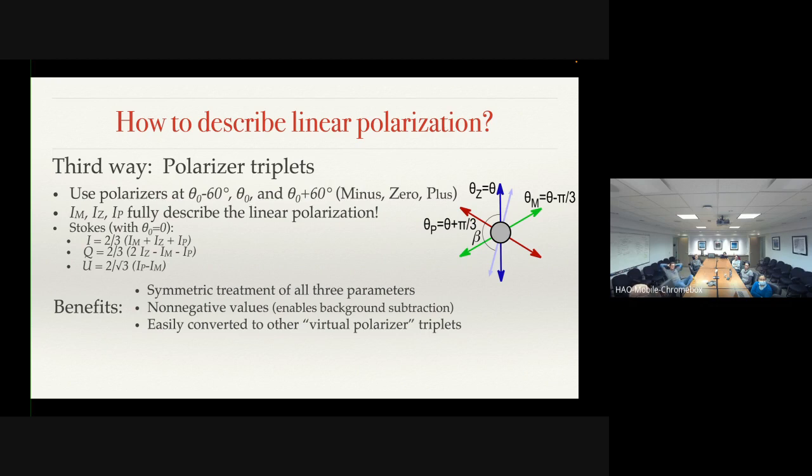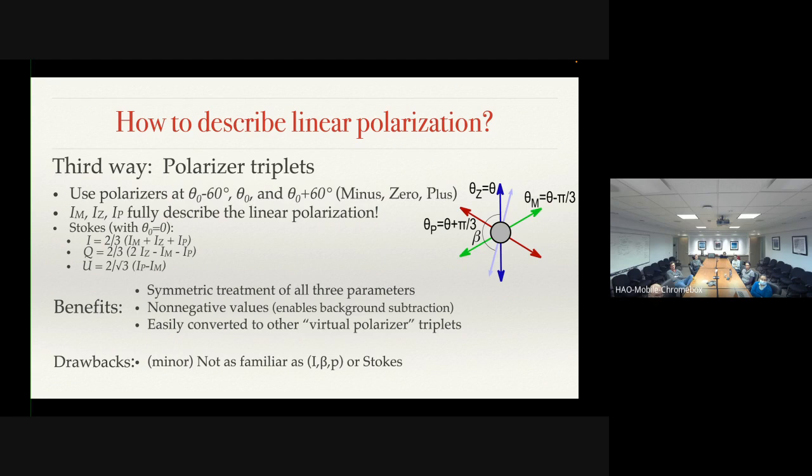If you have a set of Stokes vectors, you can convert to a virtual polarizer triplet, essentially predicting what the brightness would be through 3 polarizers at a particular set of angles. That means not only can you measure polarization this way, but you can represent it this way as well. And that representation is very useful for what we need for PUNCH. So that's how we represent polarization in the PUNCH SOC, in the data pipeline.